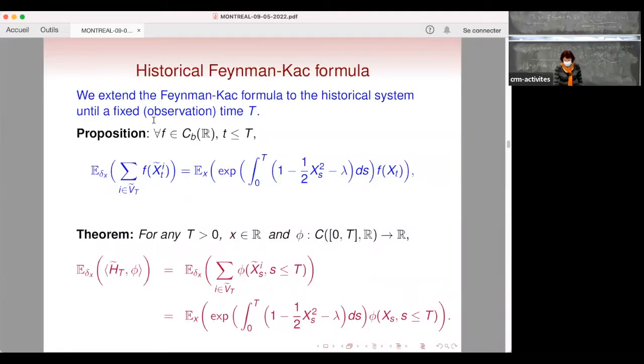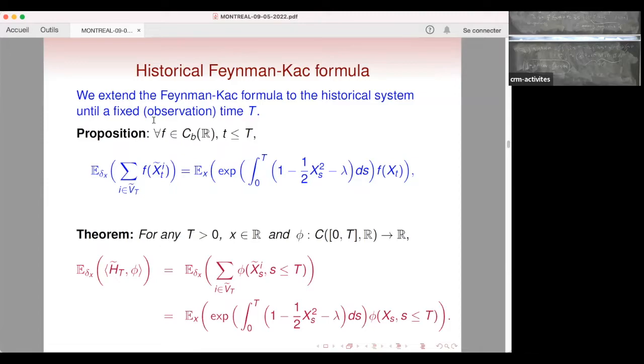Okay. So now I want to take this historical point of view. Until here, we were at the level of a fixed population at a fixed time, and now we want to come to the historical point of view. The first property we can remark is that now we observe the population at time capital T. So we consider the individuals alive at time capital T, but we want information on what happens for their traits in the past.